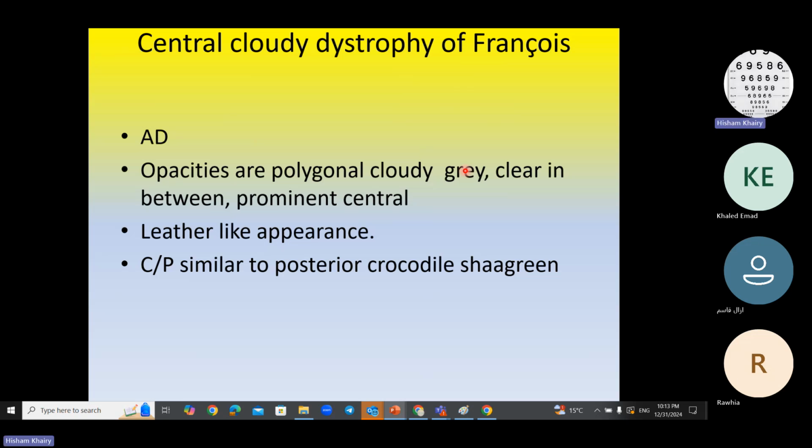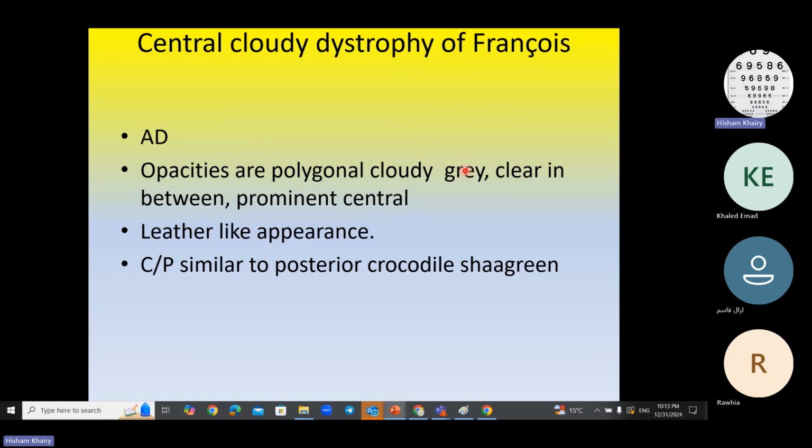So one of the corneal findings that you can see is called posterior crocodile shagreen. This is similar to central cloudy dystrophy of François, which has polygonal cloudy gray areas, clear in between, a prominent central leather-like appearance, and is autosomal dominant.